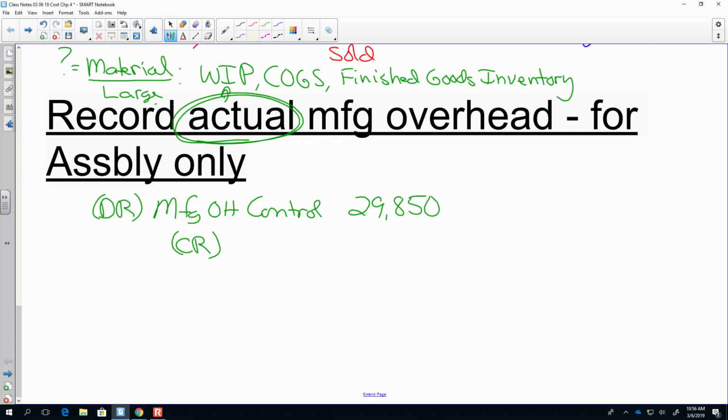Salaries payable. I agree, because it's the credit side of things, right? So I'm debiting the overhead for the salary. I'm crediting salary payable. What's another one? Utilities. Very good.